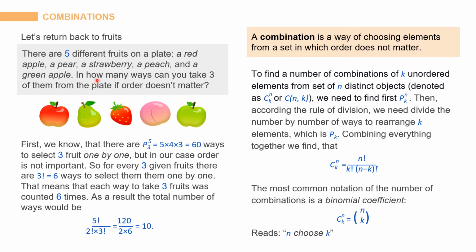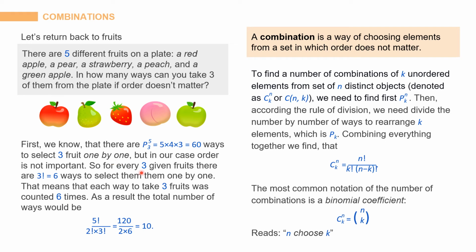What if they asked, in how many ways can you take 3 of them from the plate if order doesn't matter? Well, we knew that there are 5 times 4 times 3, which equals 60 ways to select 3 fruit one by one. But there we cared about the order of selecting the fruits. But now in this problem, order is not important.